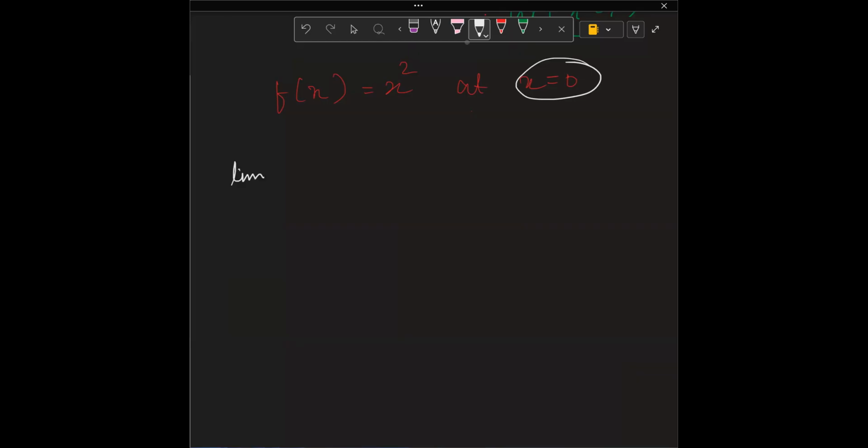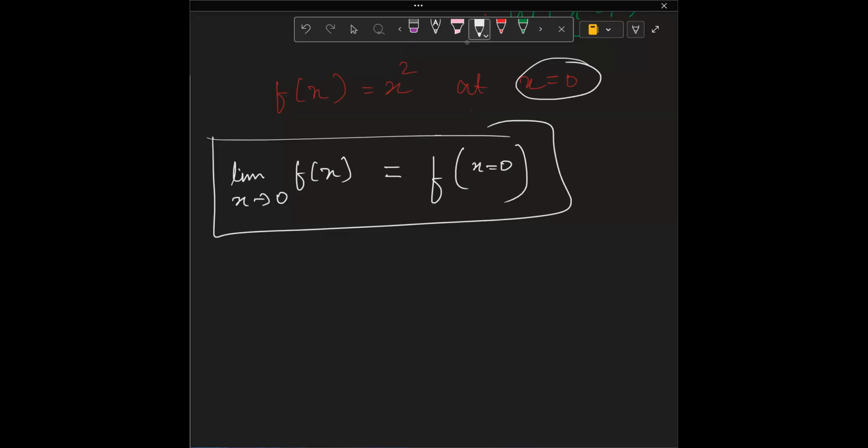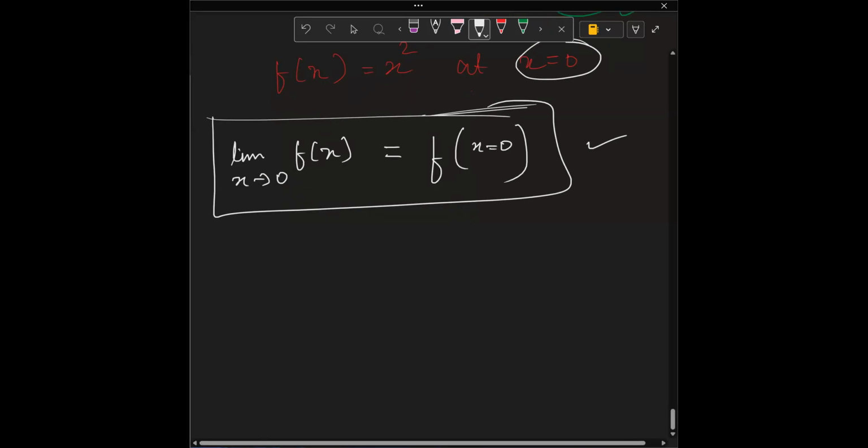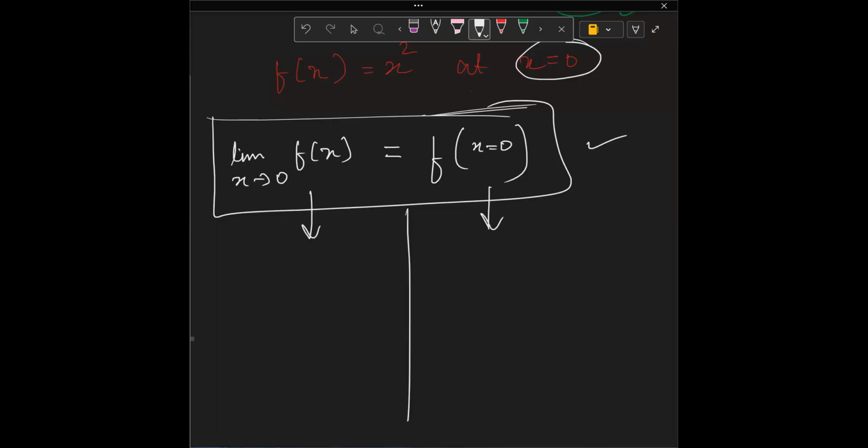So for this, your limit x tending to 0 of f(x) should be equal to the function at x equals 0. If this is equal, then your function is continuous at x equals 0. So now let's check this.